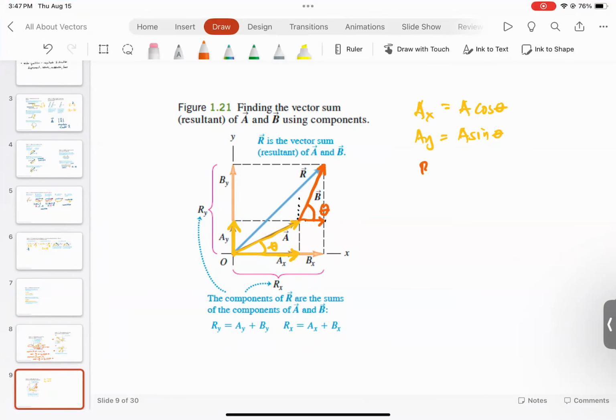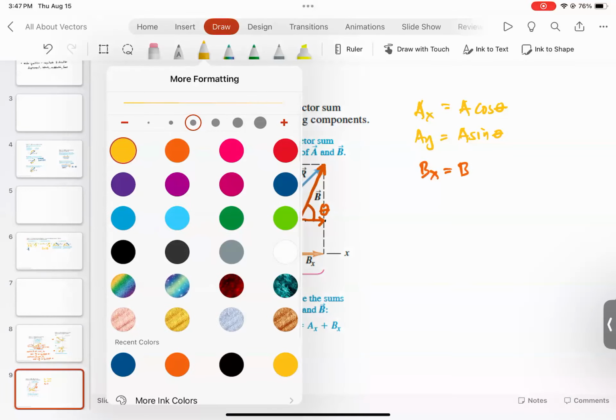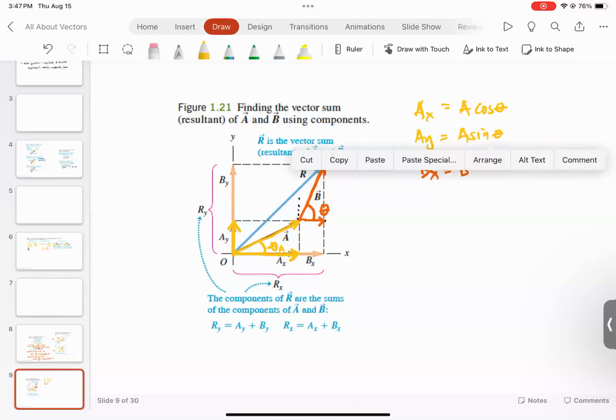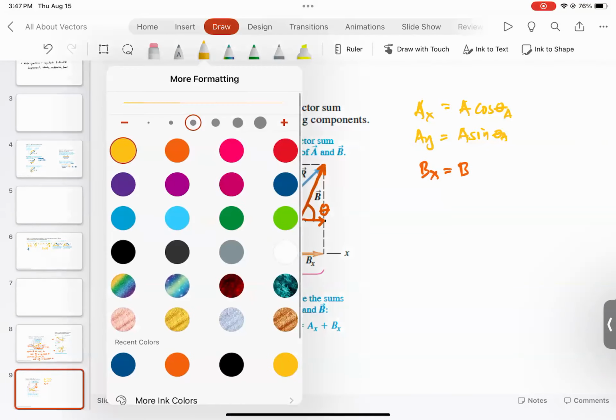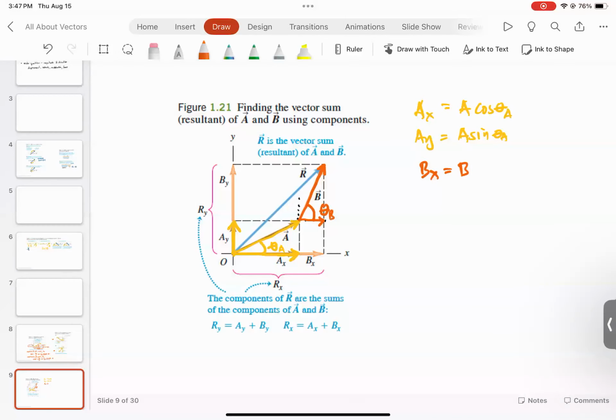So Bx is equal to B. Dapat i-differentiate natin yung A tsaka B. So tawagin natin itong theta A, and then tawagin natin itong theta B. So B cosine theta B. Napansin nyo lang, theta B, nirefer ko pa rin sa positive x-axis, with respect to the positive x-axis pa rin siya.